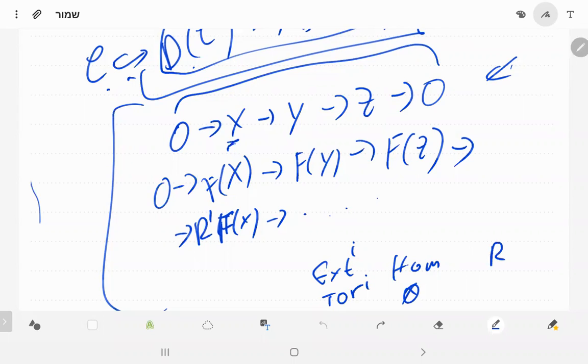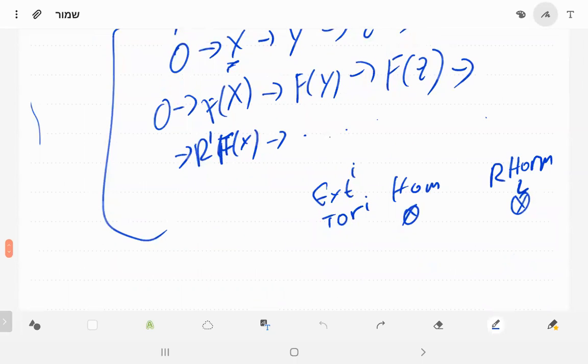And when you derive them in the more modern language, you get RHom and the left derivation of tensor product. So those are like one functor each, but from the derived category to the derived category, both functors of two variables. So take two objects in the derived category and get a third one in the derived category.